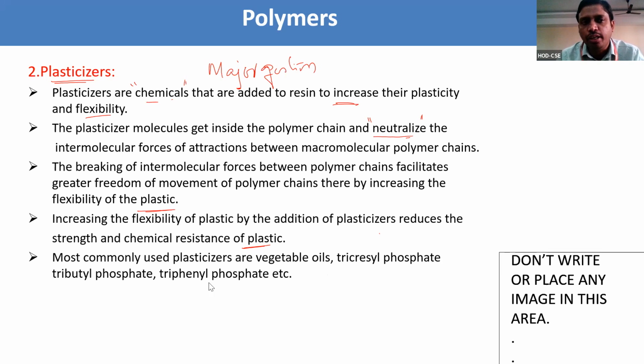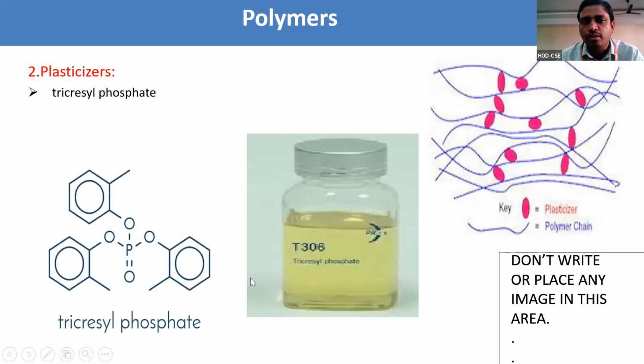The plasticizer helps to break the intermolecular attractions present between the polymer chains, and facilitates the flexibility and plasticity of the plastics.